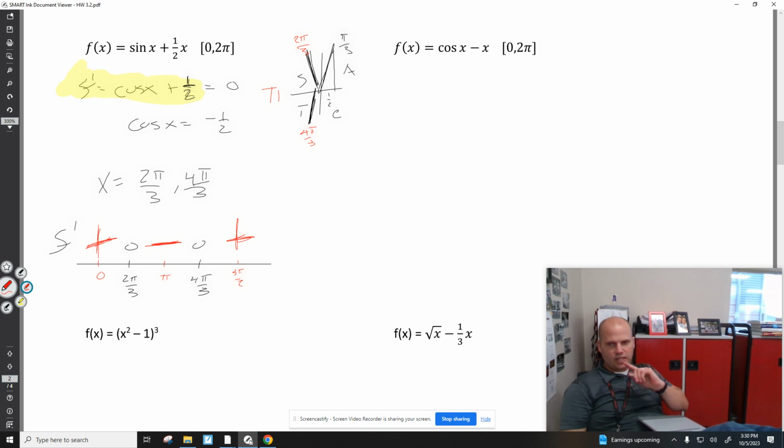Now you notice that the signs do change. There's nothing going on. So if you just took one test point, you could be pretty comfortable in saying, okay, the signs are going to flip. So f is going up, going down, going up. X equals 2 pi over 3 is the location of a max. X equals 4 pi over 3 is the location of a min.